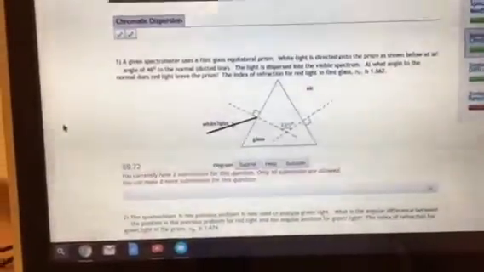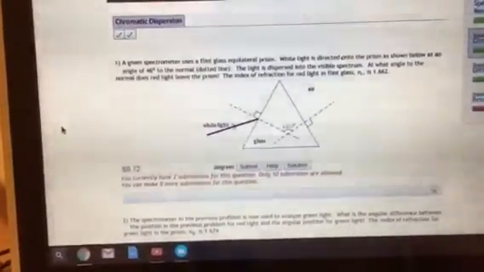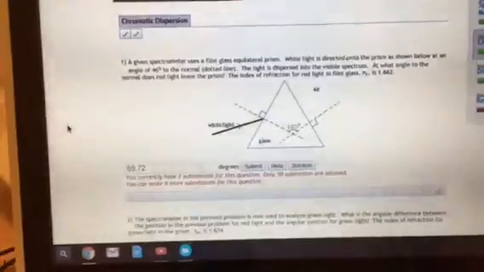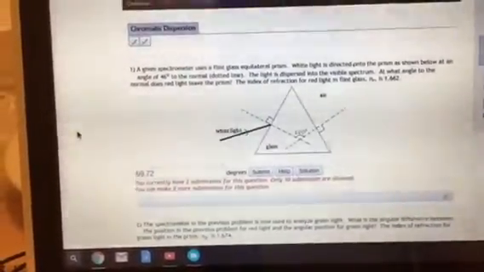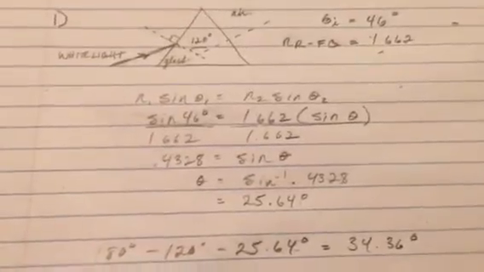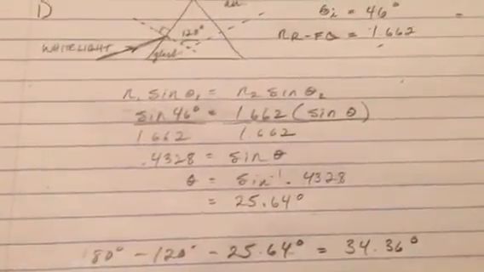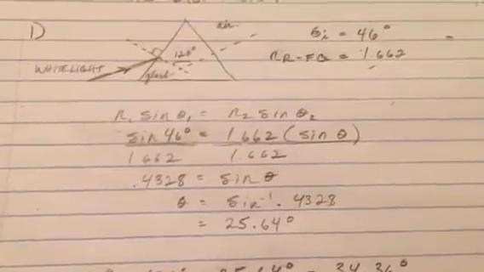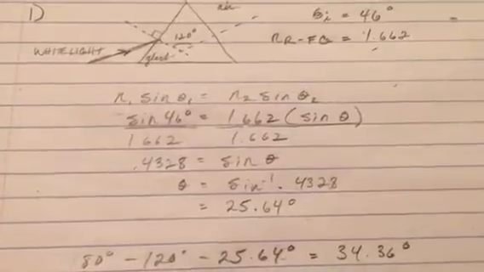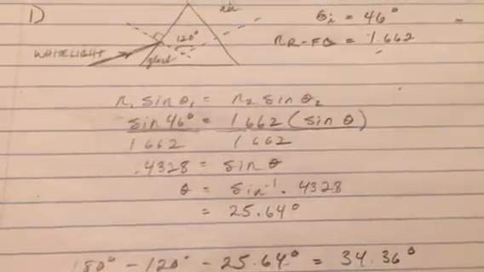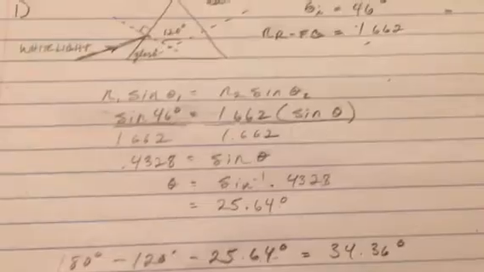From that, we can calculate the angle at which it's going to refract within the prism. If we pull over here, you'll see how I set that up. Really quite simple, just a simple application of Snell's law. The angle you should come up with, assuming your given values look like mine, is 25.64 degrees.